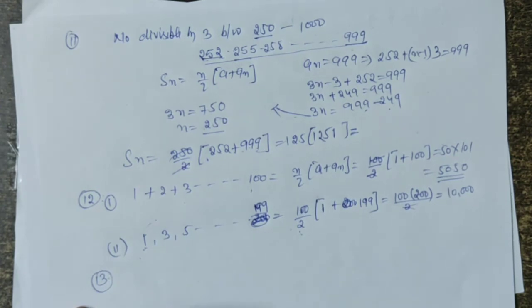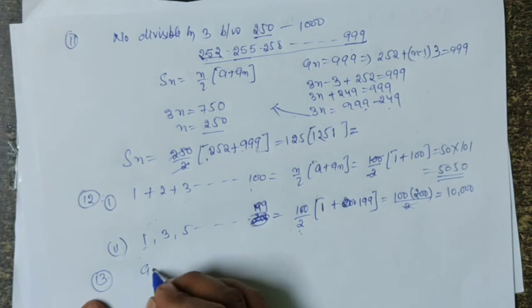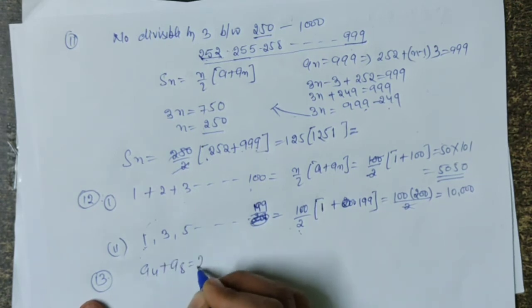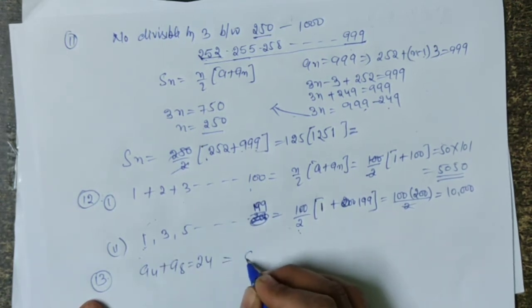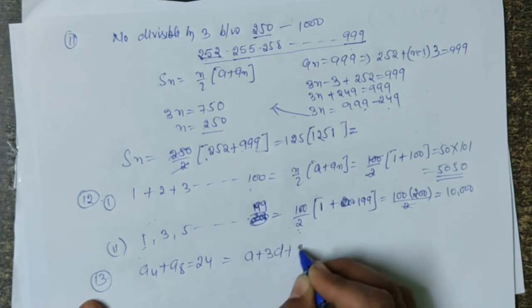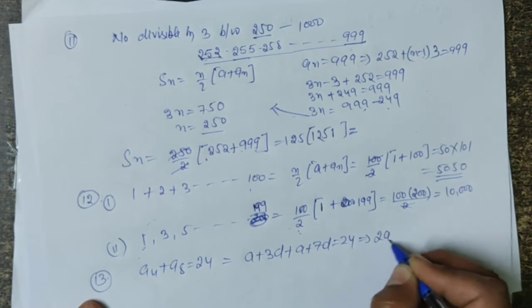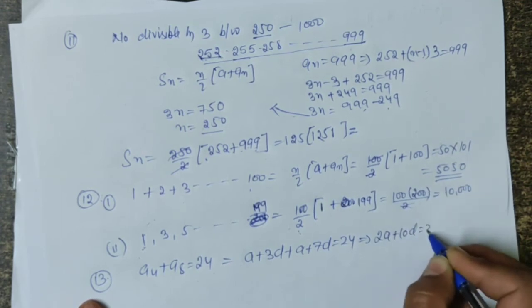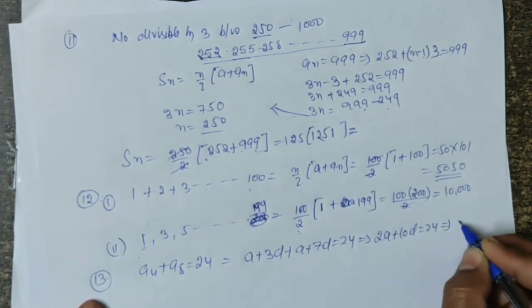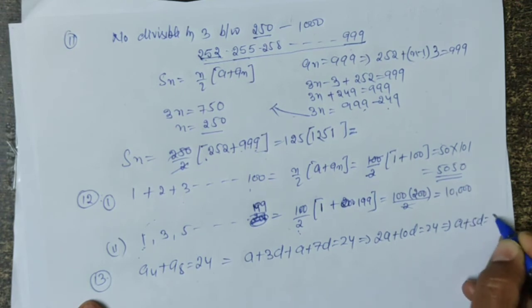And the 13th question is given here. It is the 4th and 8th term. The sum of the 4th and 8th terms, a4 plus a8, equals 24. That will be a plus 3d plus a plus 7d equals 24. 2a plus 10d equals 24. If I divide it by 2, I get a plus 5d equals 12.